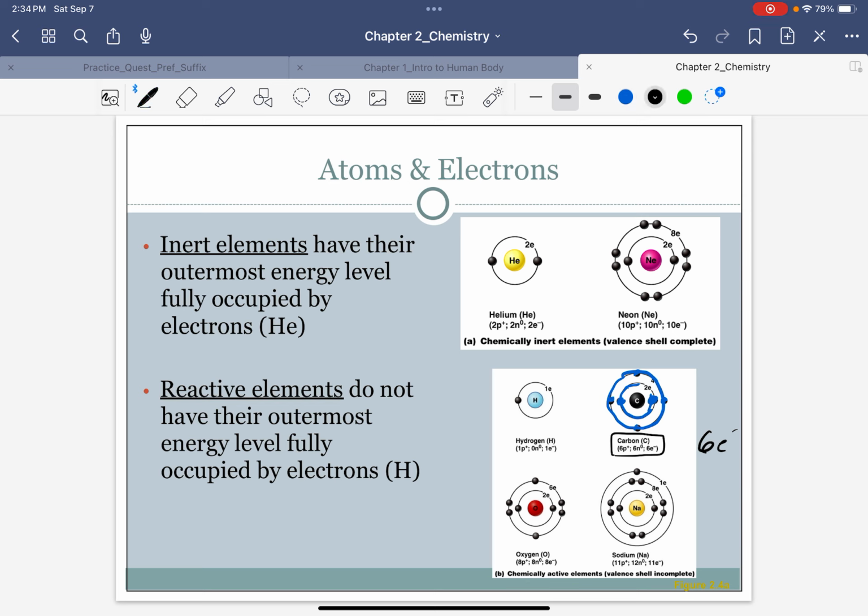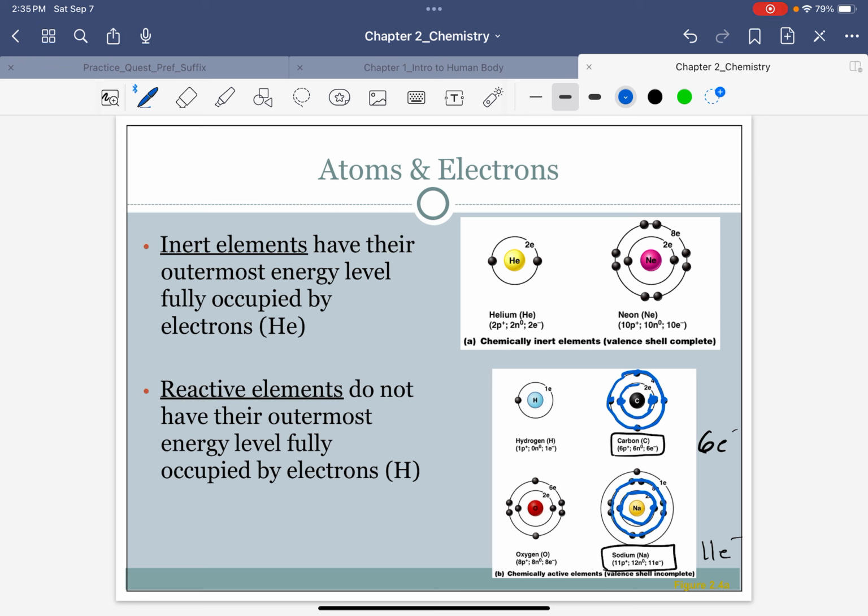What if we go down now to sodium? Sodium has 11 electrons. So, same procedure. How many maximum electrons can that first shell hold? 2. I do 1, 2. I have 11, so I've got to do more. So now we're going to add a second electron shell.